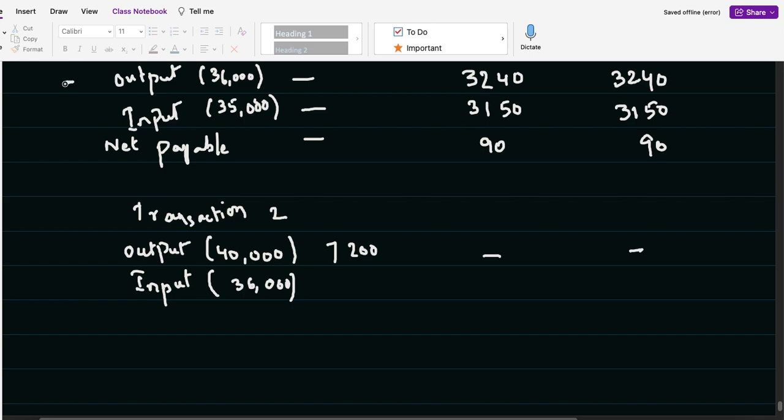Output for this person will be input for this person, right? And it was intrastate, so we are not having anything. So here only 3240 and 3240 is the amount.